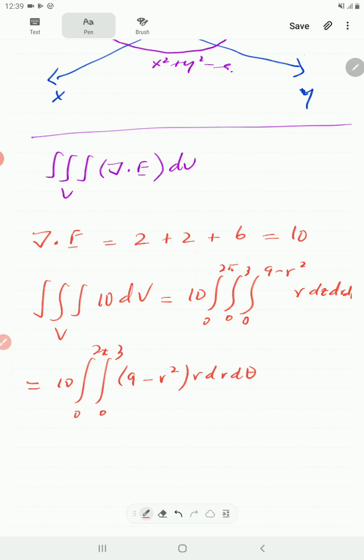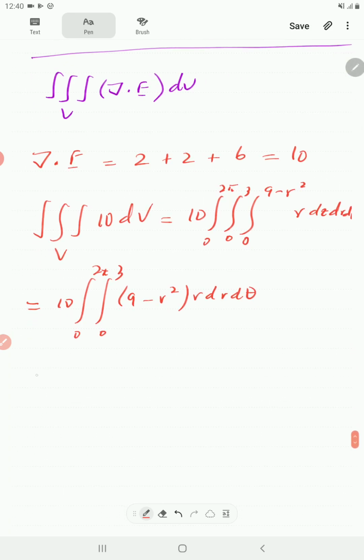Okay, then we are going to follow up with the integral with respect to r. So there's going to be 9r minus r cubed.